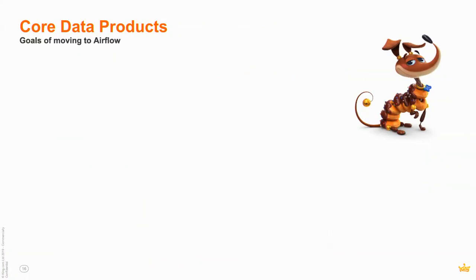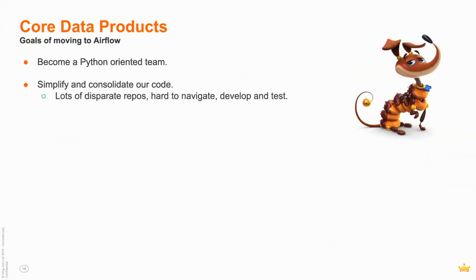So when we decided we wanted to move to Airflow, what were some of the goals we wanted to get out of that? Well, primarily we wanted to become a Python orientated team. As you saw previously, it was a mixture of different things, and for obvious reasons, moving to Python has lots of advantages. We really needed to simplify and consolidate all of our code.